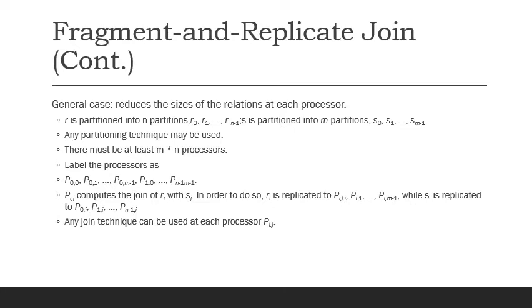To accomplish this, the system replicates Ri to processors Pi0, Pi1, up to Pi,m-1, which form a row in the above figure, and replicates Si to processors P0i, P1i, up to Pn-1,i, which form a column in the above figure. Any join technique can be used at each processor Pij.